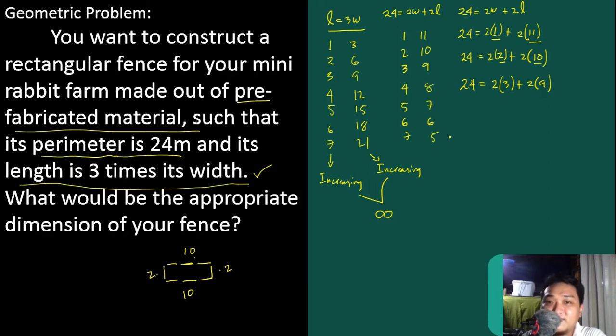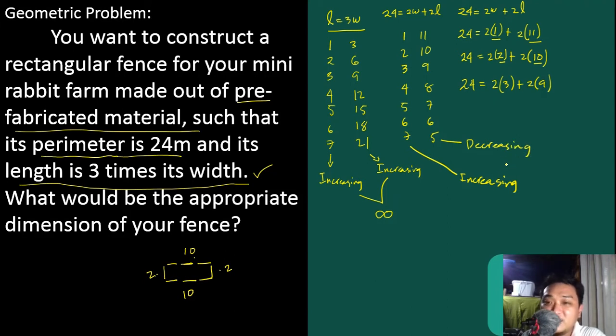At kung mapapansin nyo po, ito is increasing values. Ito naman pong nasa kabila, yung kapartner niya, is decreasing.